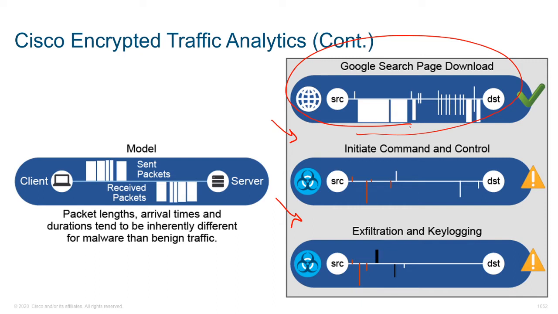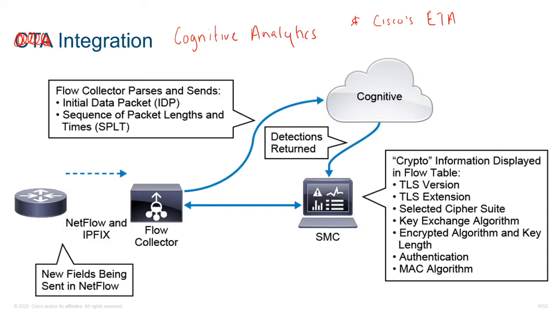So what we're trying to do with ETA is not decrypt the traffic, but even as it's encrypted, analyze certain patterns to protect our environment from these different types of malware.